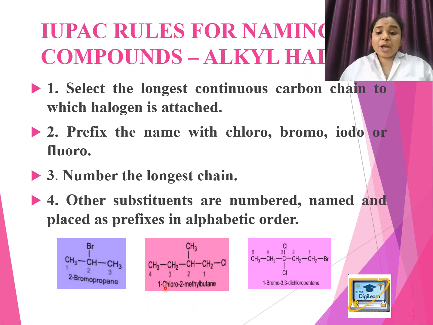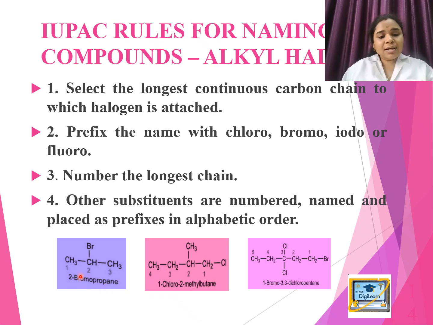Now, IUPAC rules for naming alkyl halides. First rule, select the longest continuous chain, name the continuous chain, number the continuous chain. Other substituents are numbered, named, and placed as prefixes in alphabetical order.